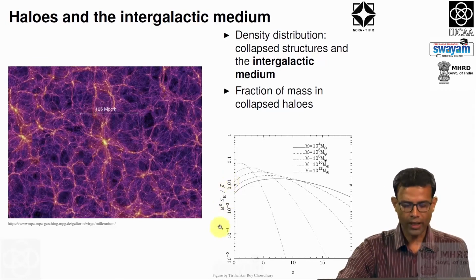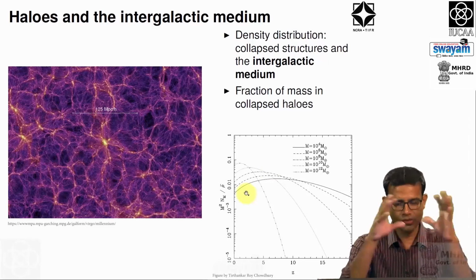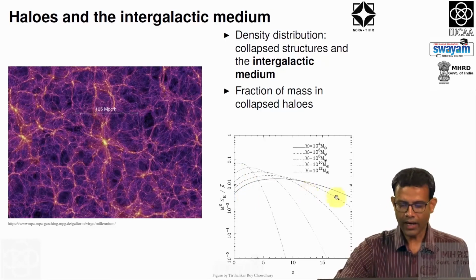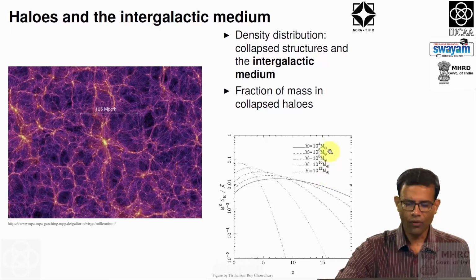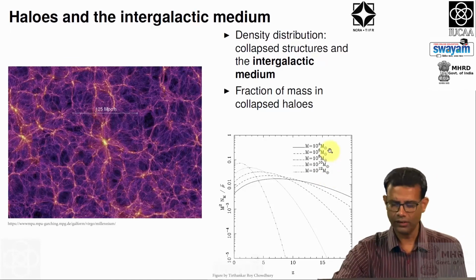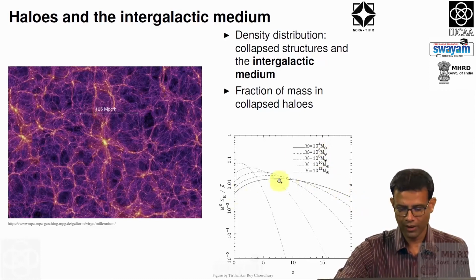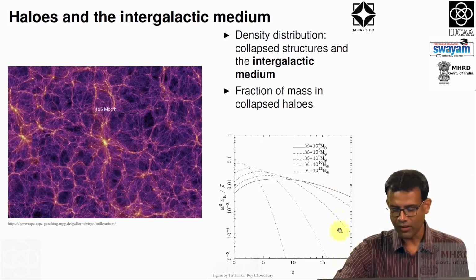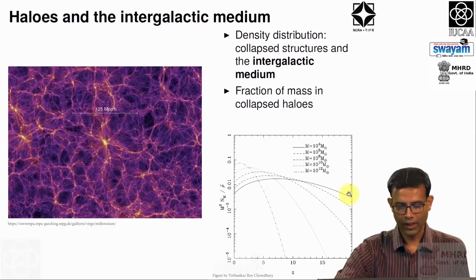What has been plotted here is the fraction of mass versus redshift contained in halos of different mass. By halos I mean these collapsed structures. I have plotted this for halos of different mass starting from 10 to the 4 solar mass to 10 to the 12 solar mass. 10 to the 4 solar mass are very small halos, which would have formed at very early times. The solid line is for 10 to the 4 solar mass halos, and you can see at early times when redshifts are high, they dominate the matter budget in collapsed halos.